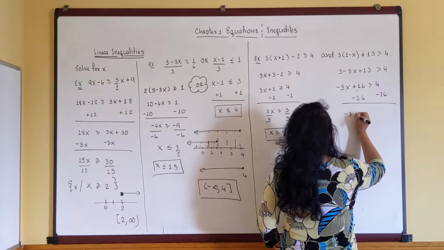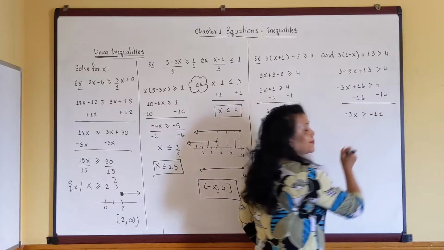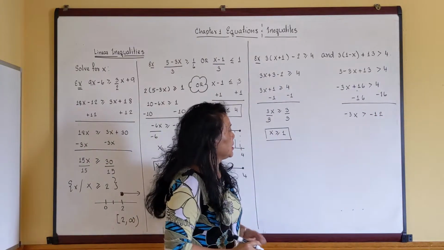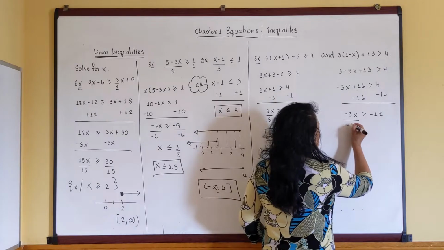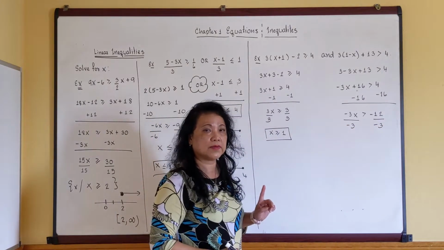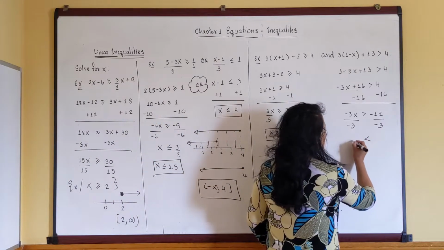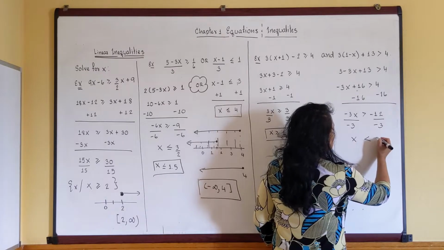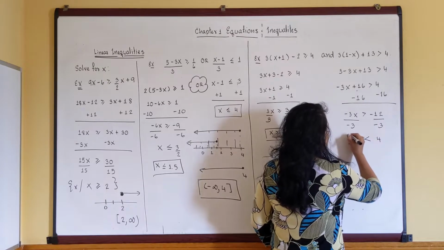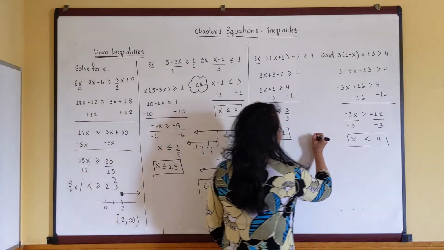So negative 3x greater than negative 12. I need to have x by itself, so I need to divide by negative 3. Because I divide by negative 3, the inequality has to reverse. So x is less than 4. I have two solutions. It's joined with the word and.